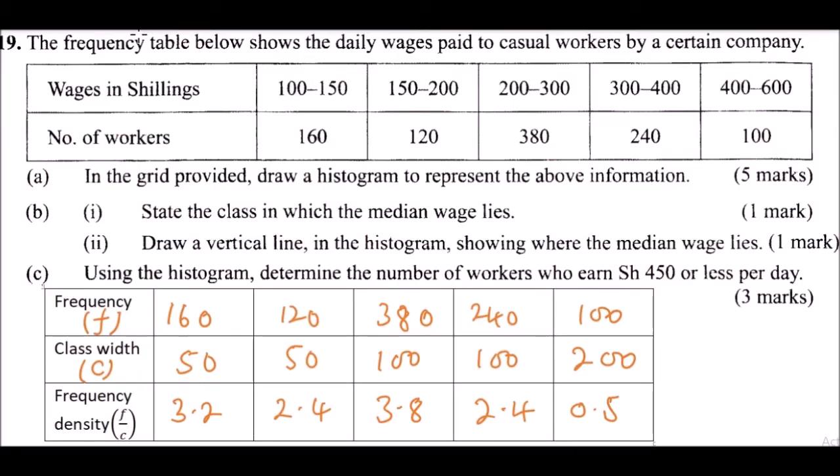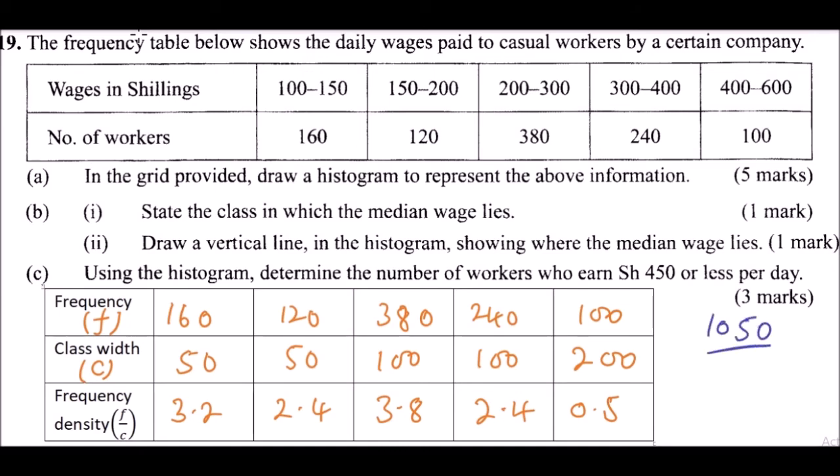Part B, Roman number 1, we are told to state the class in which the median wage lies. Now, if you add the number of workers, that is frequency, 160 plus 120 plus 380 plus 240 plus 100, that will give you 1050.